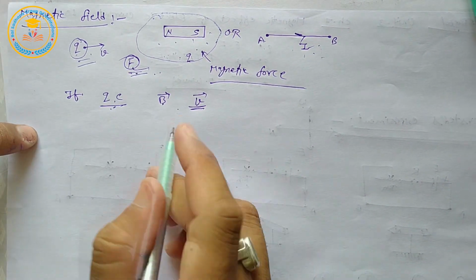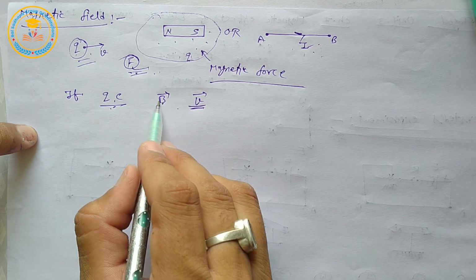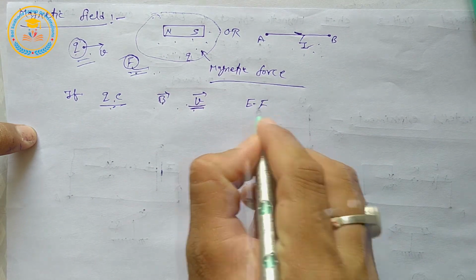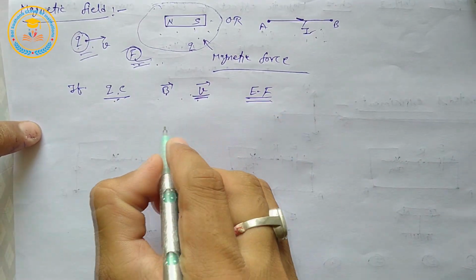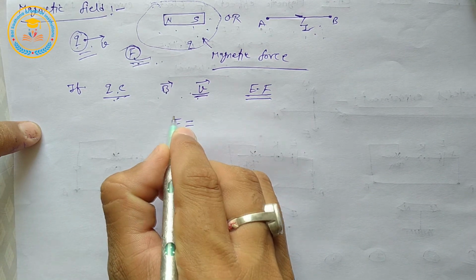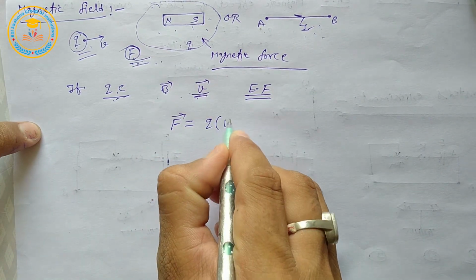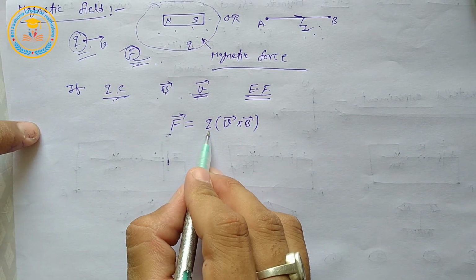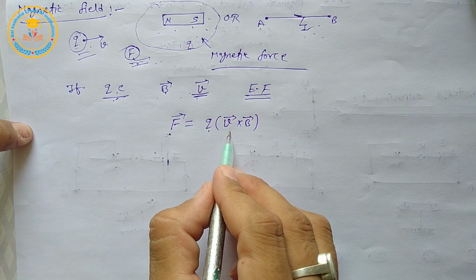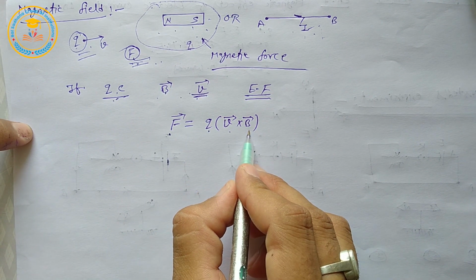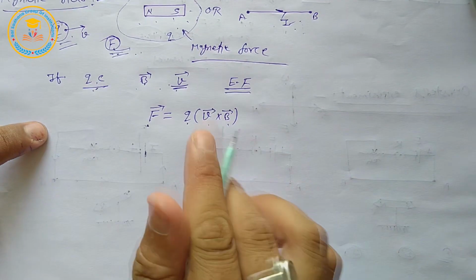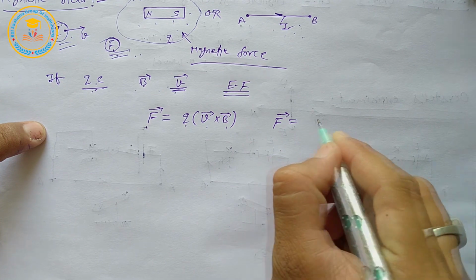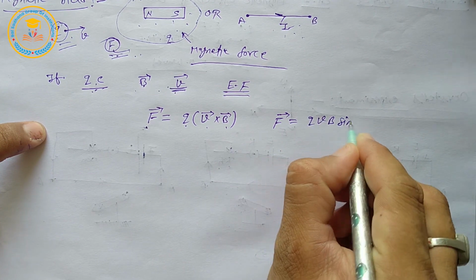Then the magnetic force applied on the particle, in the absence of electric field, this magnetic force F vector is equal to q into v cross B vector. Here F is magnetic force, q is the charge on the particle, v is the velocity and B is magnetic field. If we remove the cross product, then F vector is equal to qvB sin theta.